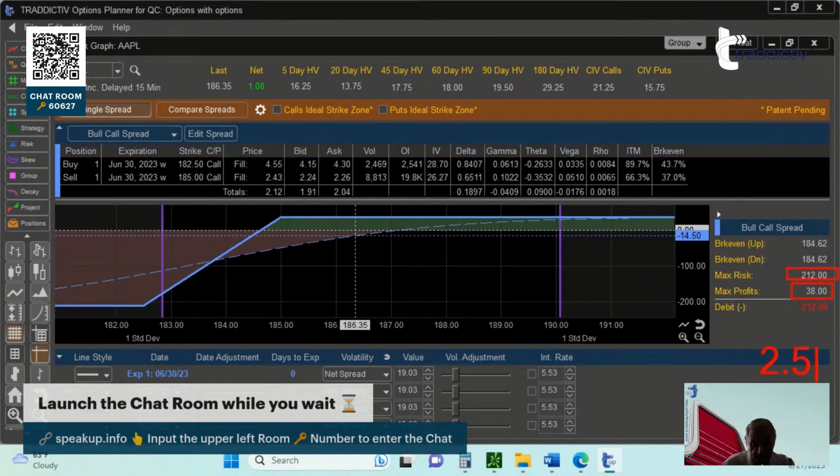Now look at this. This is a problem that I personally have. I have a problem with risking right here this much, which is $2.12, to earn over here in a positive only what?